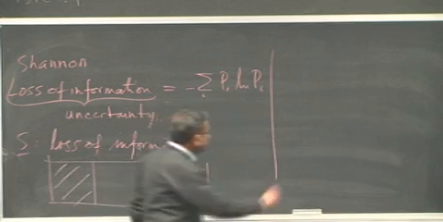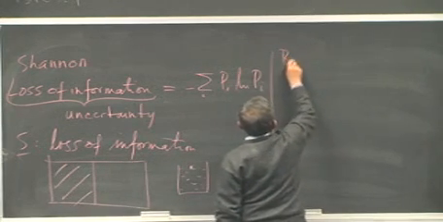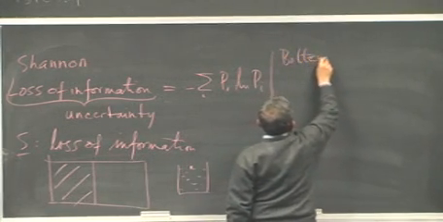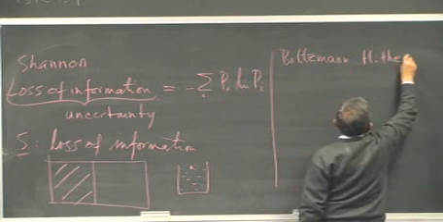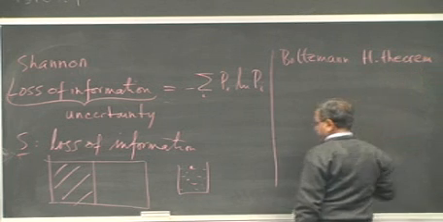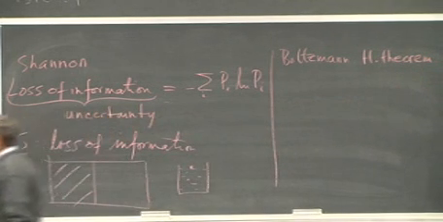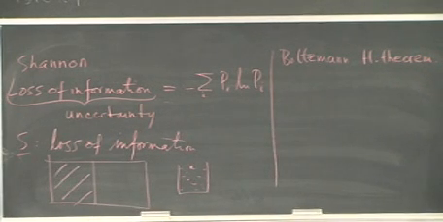And this is to do with what is called Boltzmann H theorem. And since we have already seen how microscopic states can be defined, it will not be difficult to understand Boltzmann H theorem.